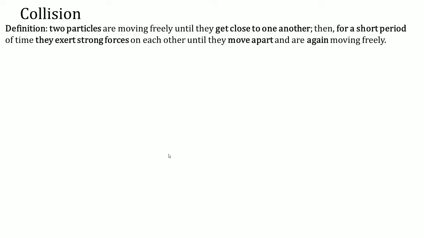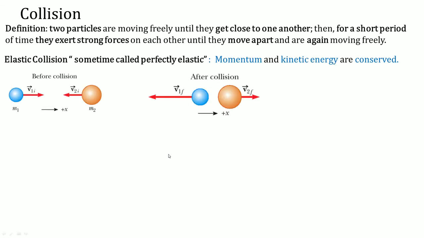The first type of collision is called an elastic collision, sometimes called a perfectly elastic collision. This is when two objects come together, they hit, then they separate. The momentum is conserved and the kinetic energy is conserved.